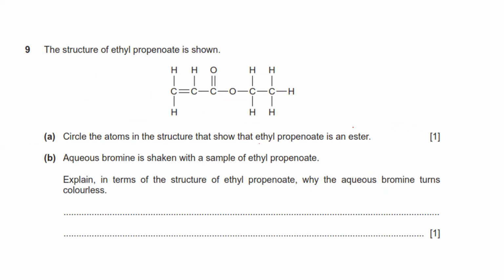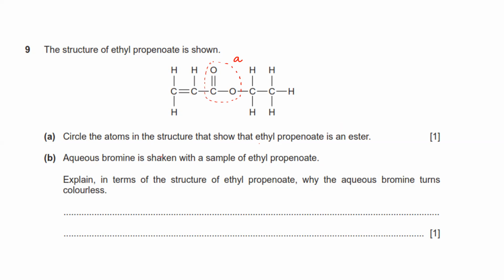So the ester can be found by identifying this structure. If we have something like this in a hydrocarbon, or in hydrogen, carbon, oxygen sort of compounds, this means that this is an ester. So part A will be this.